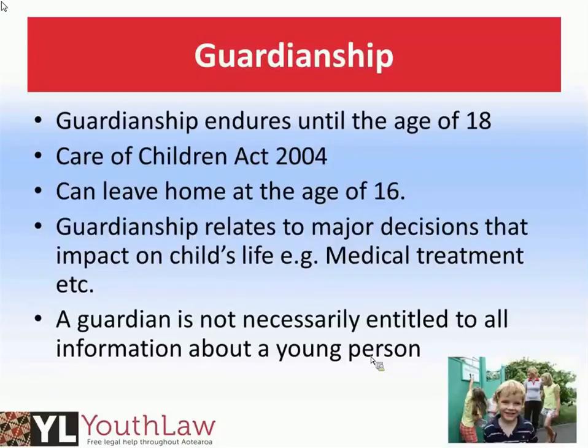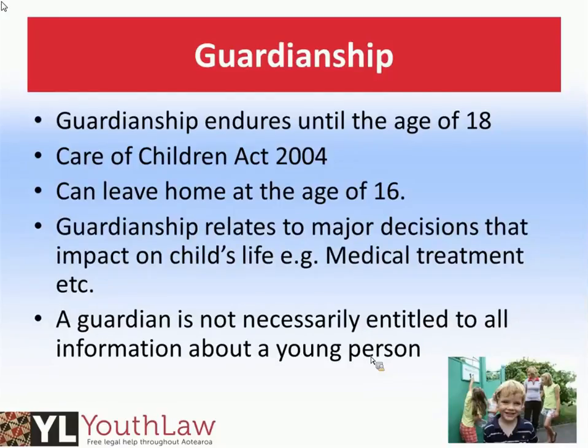So, for instance, if there's an issue about whether a young person receives a blood transfusion, they've been in a car accident or something like that, guardianship would say they might have a say in the major decisions of that young person's life. The Care of Children Act 2004 is the relevant domestic law to refer to in that case.